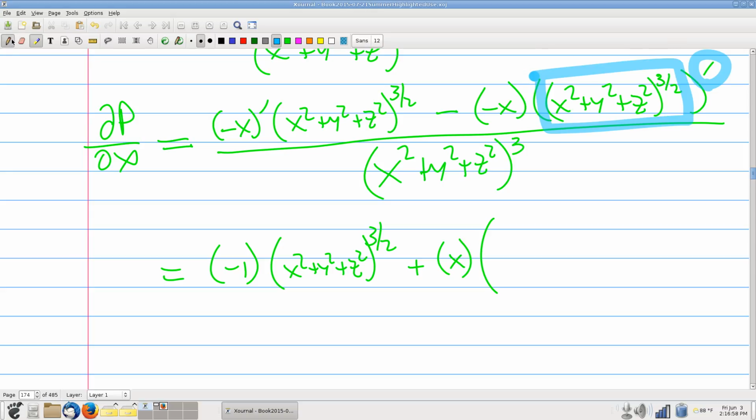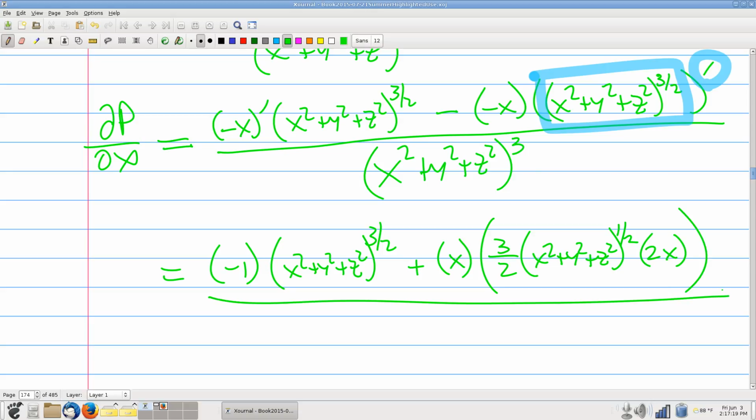The derivative of that thing is 3 halves, x squared plus y squared plus z squared to the 1 half, times the derivative of the inside, the chain rule, which is 2x. That's my numerator, and it's divided by the usual denominator. Okay, let's take a pause on that.